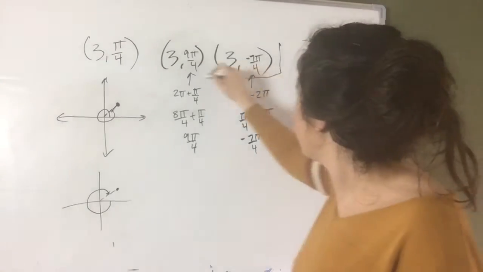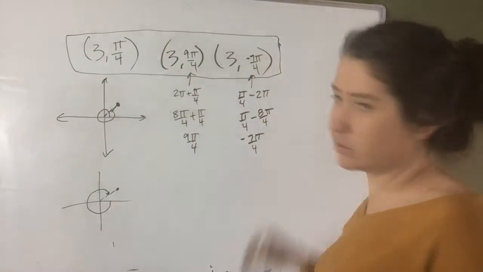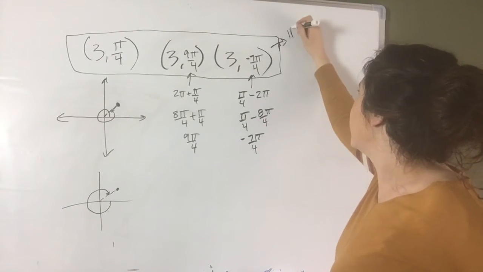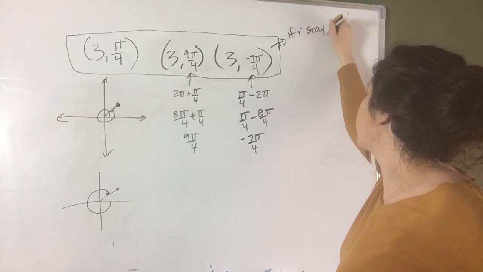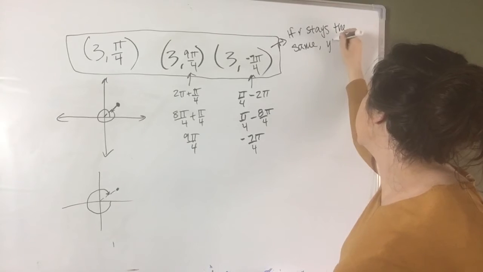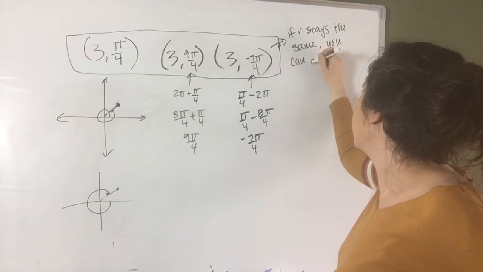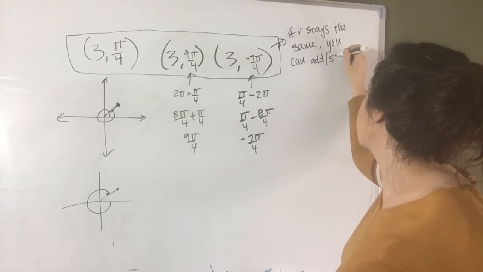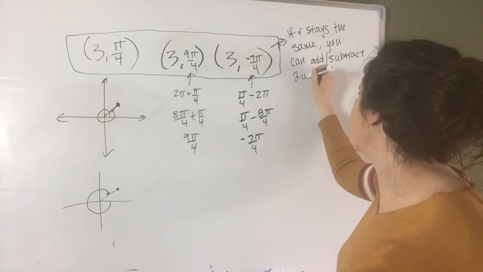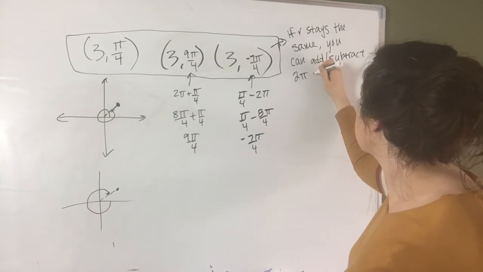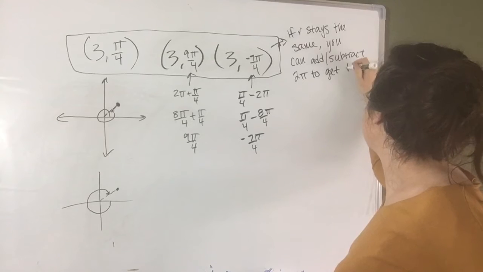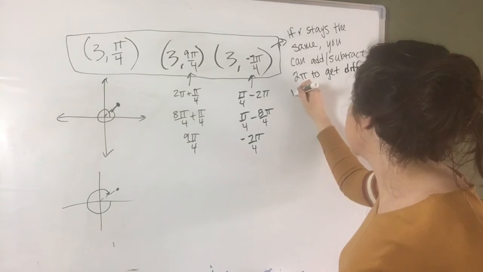Okay, so the short story of what's going on here is that if r stays the same, you can add or subtract 2 pi to get different representations.